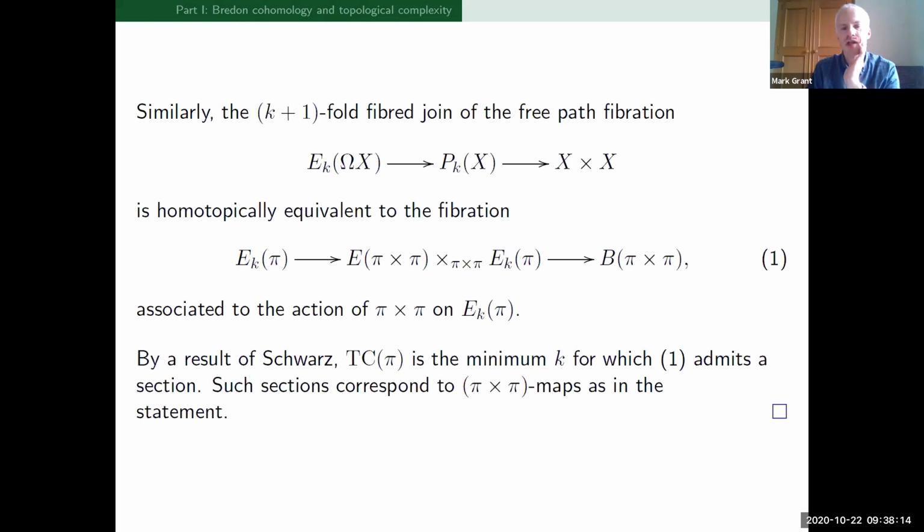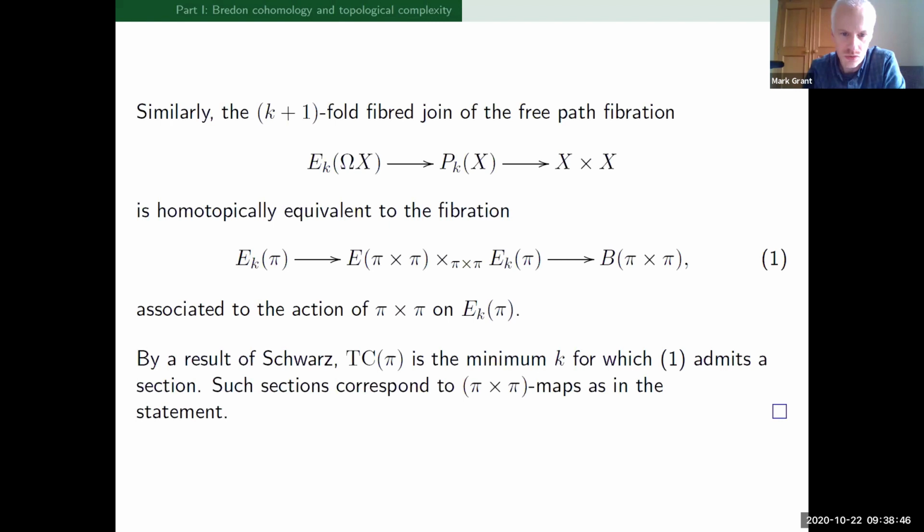And Schwarz tells us that the sectional category of a fibration is the smallest k for which the k+1 fold fibered join admits a section, and then sections of this associated fibration are in correspondence with pi cross pi maps from E pi cross pi to E_k pi. So I hope that this is familiar to at least most of you.